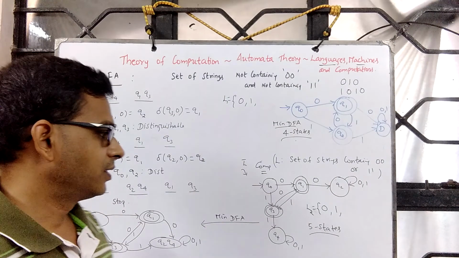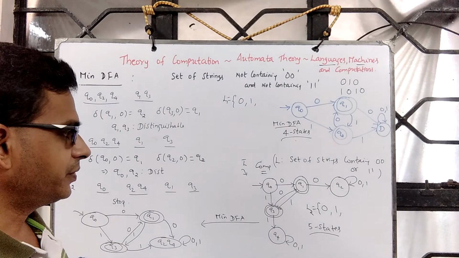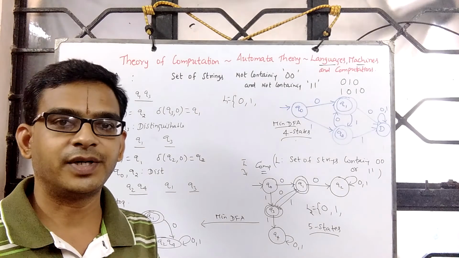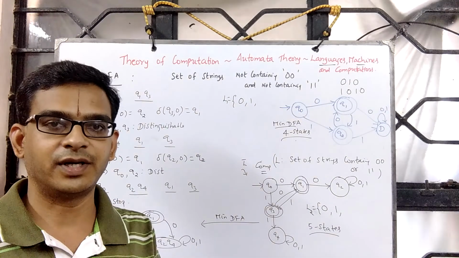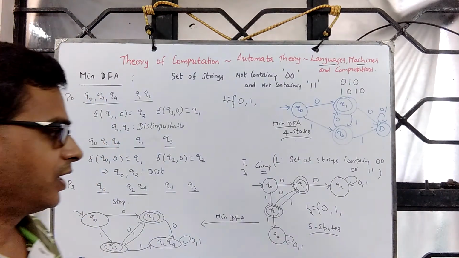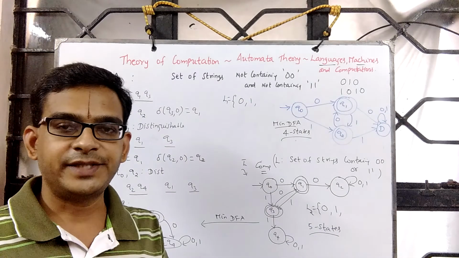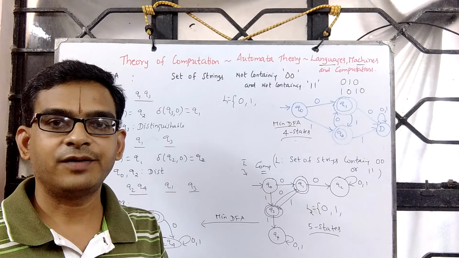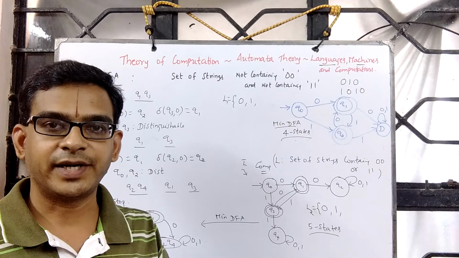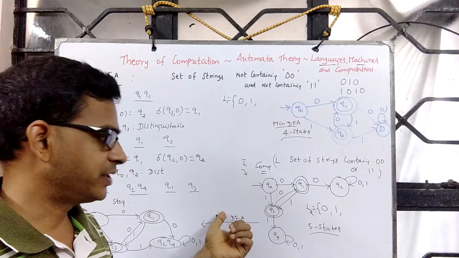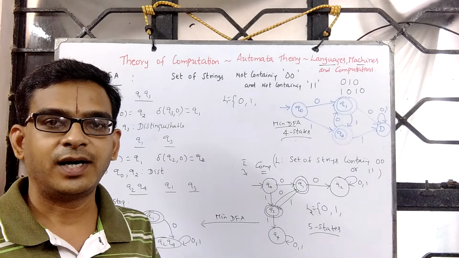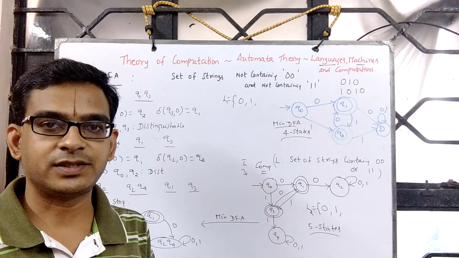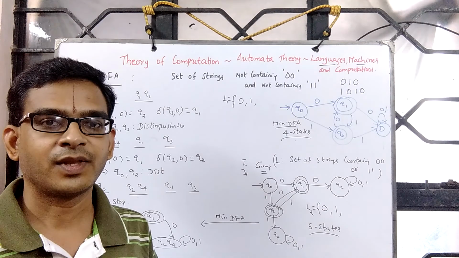Okay, so this tells you here is a systematic way of obtaining a minimum DFA from a given DFA, and so this kind of completes the cycle. So one can always get a minimum DFA for a given language, maybe directly or through a procedure like this. And we also see that through this procedure what we obtain is indeed minimum. Fine.